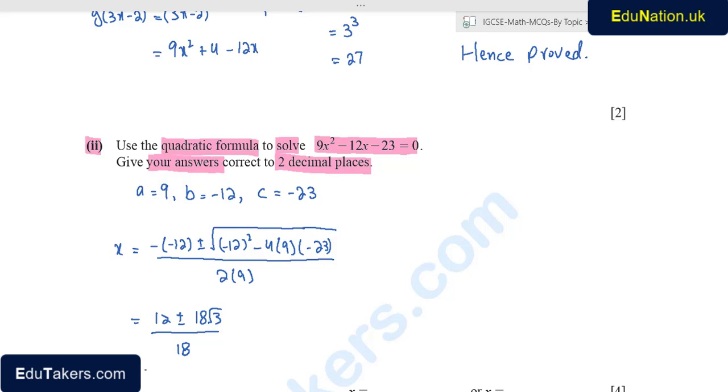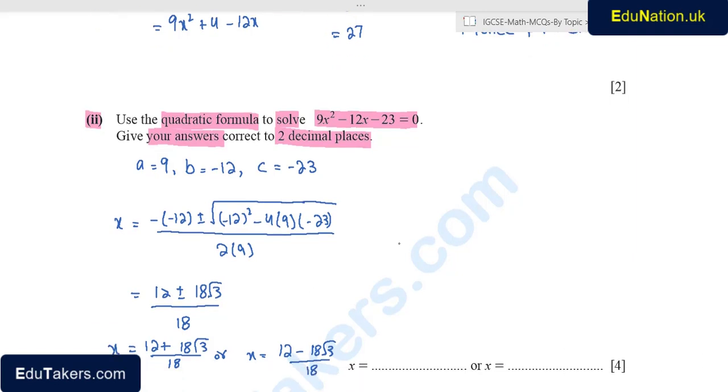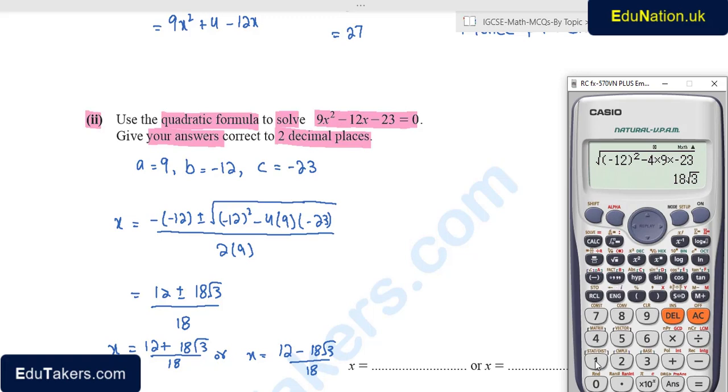From this, x is equal to 12 plus 18 into square root of 3 over 18, or x is equal to 12 minus 18 square root of 3 over 18. 12 plus 18 square root of 3 over 18 is 2.3987, and we have to give the answer correct to 2 decimal places.